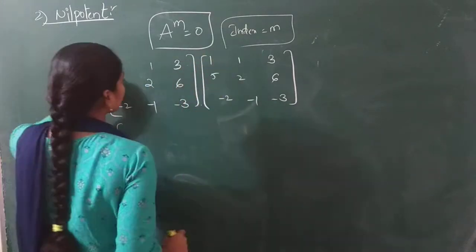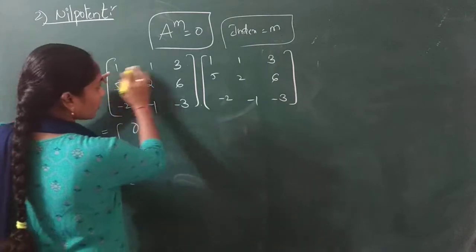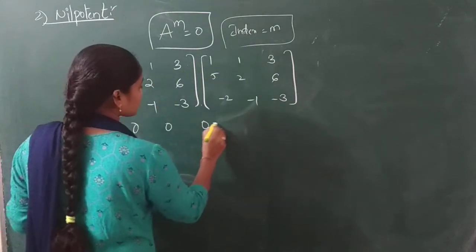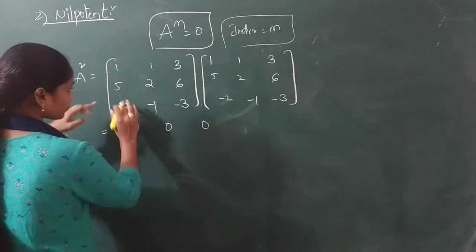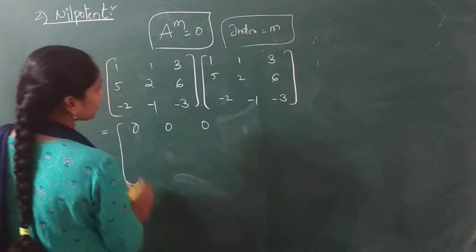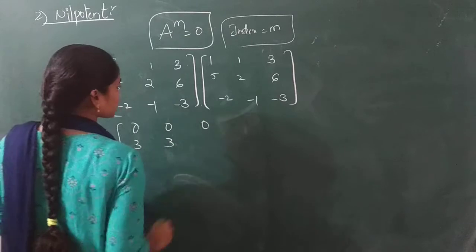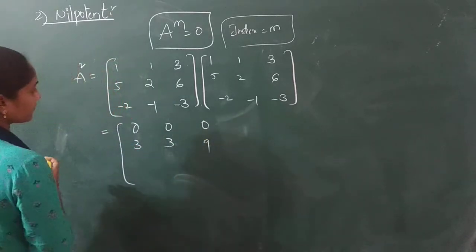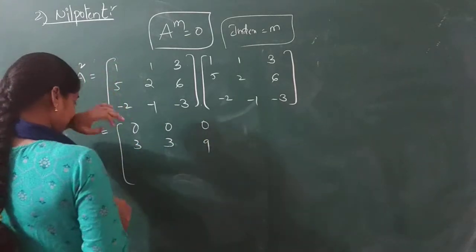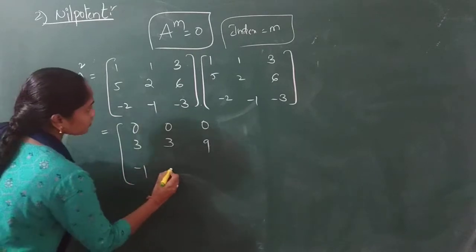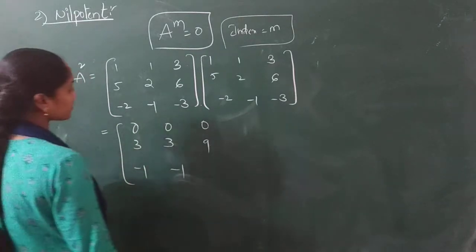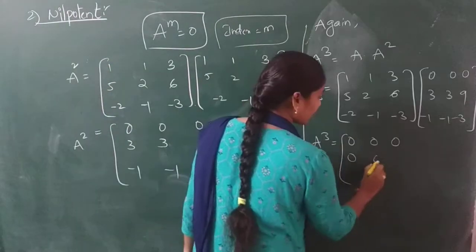So this is 5 plus 1, this is a 0. And again this becomes a 0 and this is 0. Now this value will be 3, 3 and this is 3. 9 minus 1 minus 1 minus 1. This is our A cube.